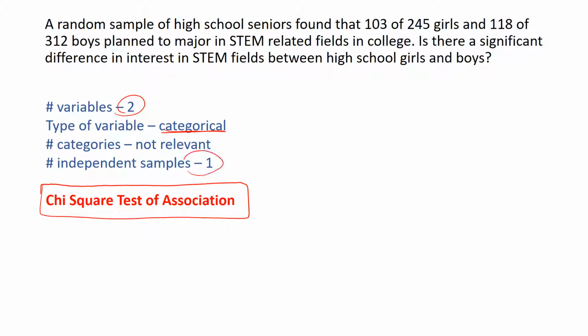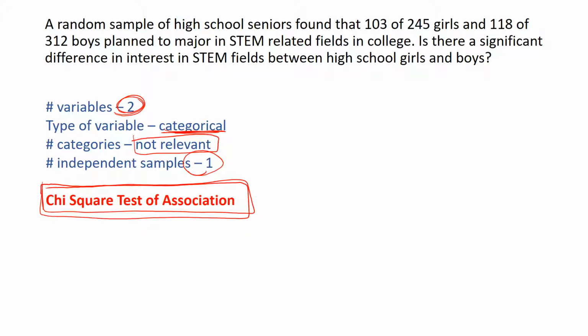We'll never have more than one sample when we have 2 variables in AP statistics. And notice, the number of categories is not relevant because if I have 2 categorical variables, it must be the chi-square test of association regardless of the number of categories in the variables.